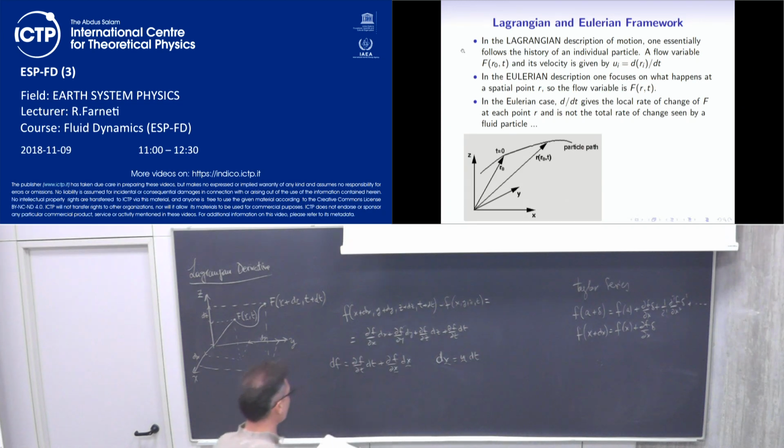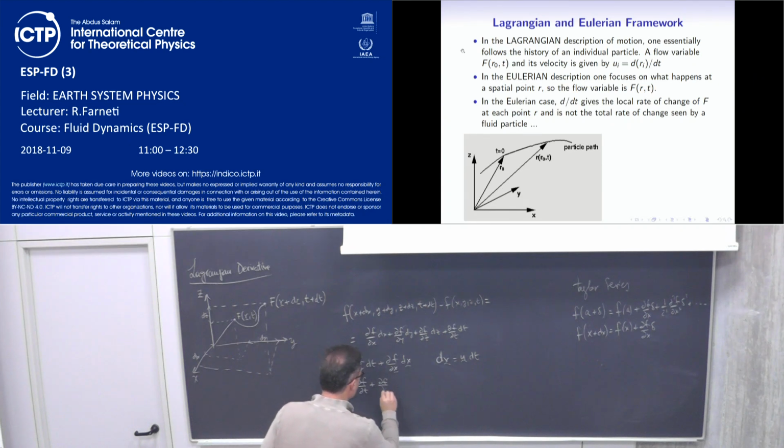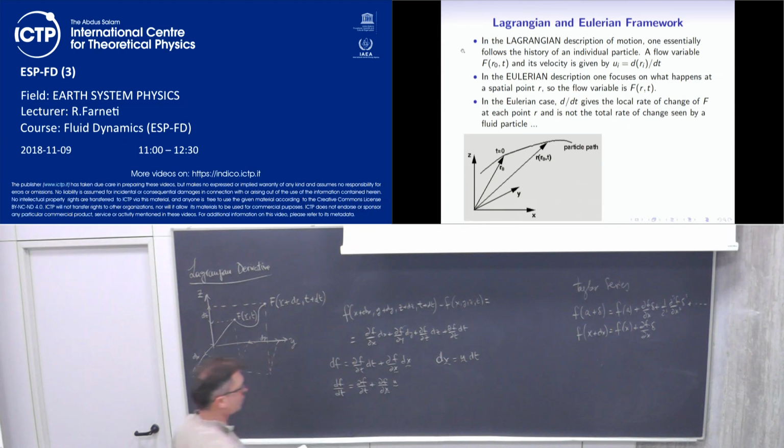Now you can relate dt and dx through the velocity, of course. So now you can write d by dt of f is this plus this, right?